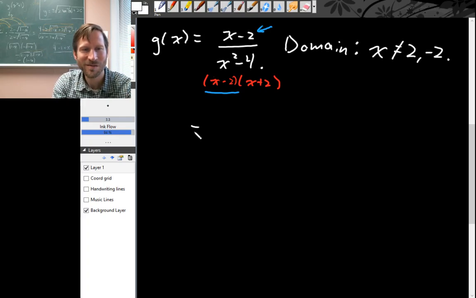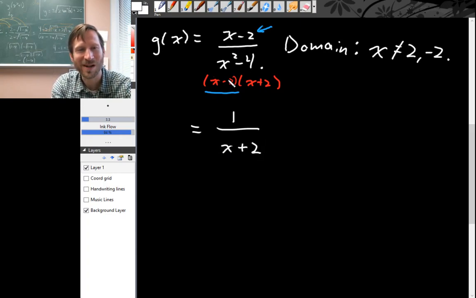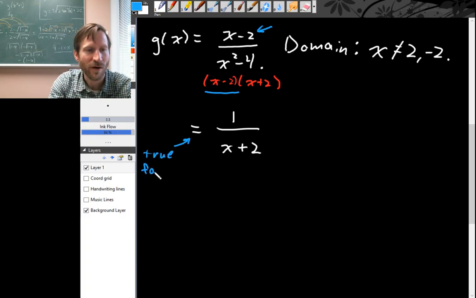So we can simplify this function by canceling those factors. We get 1 over x plus 2, but these factors only cancel when x isn't 2. So this equation that I wrote down is true for every x value except 2.